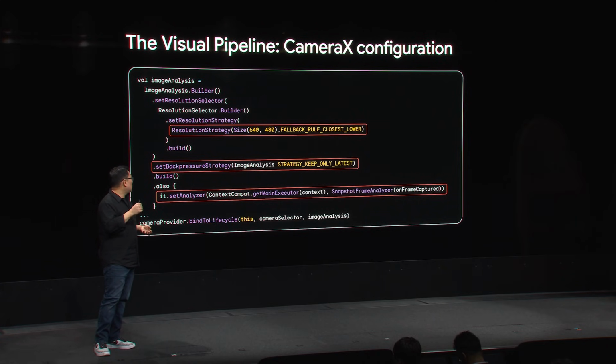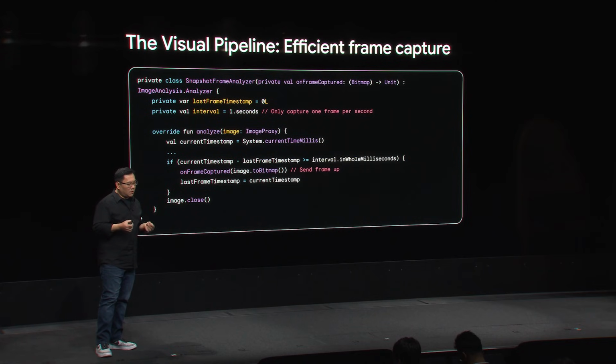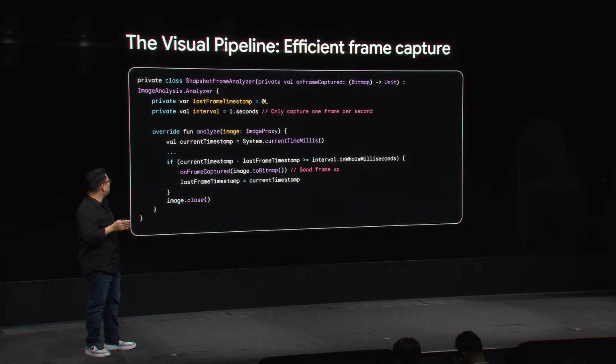Third, we attach our custom image analyzer. This is where we hook into the camera context to extract the frames and run our throttling logic. We implement our custom image analyzer to handle throttling, limiting our input to just 1 frame per second.